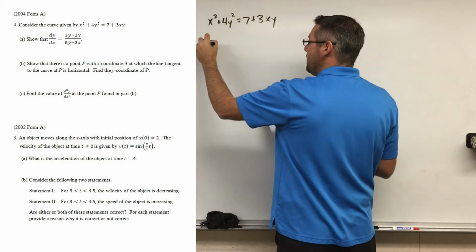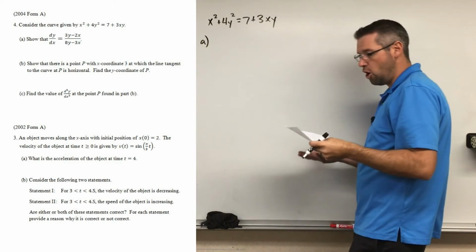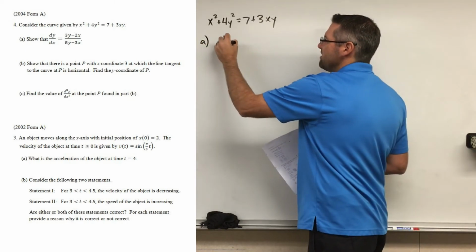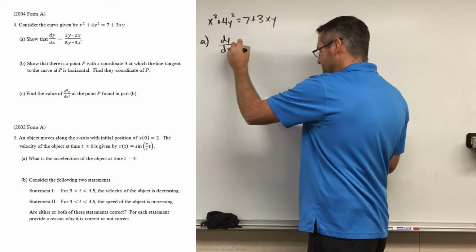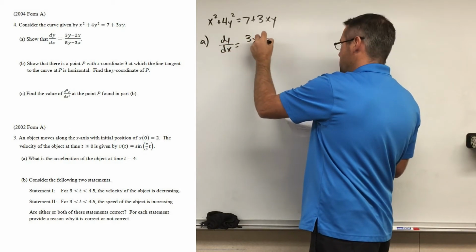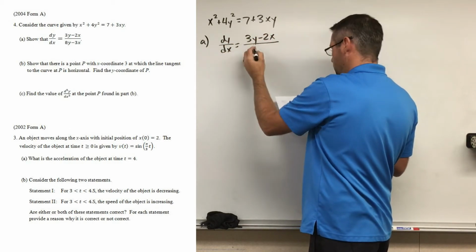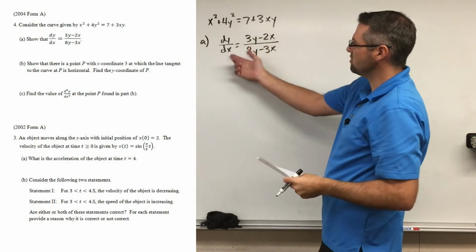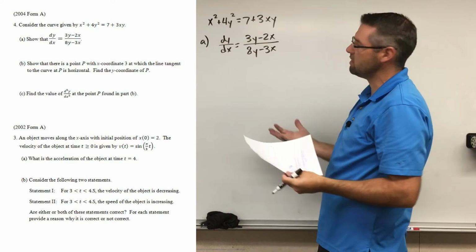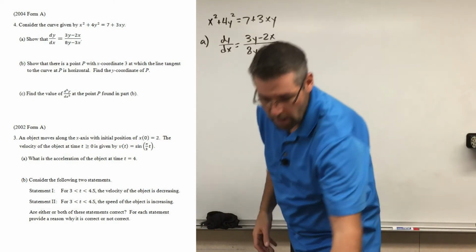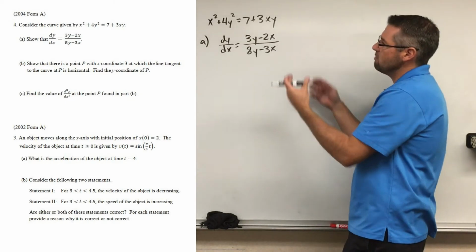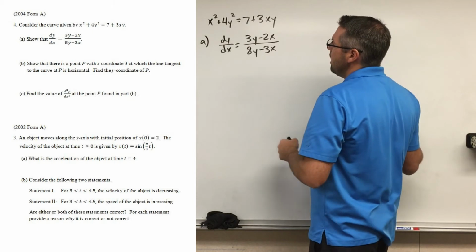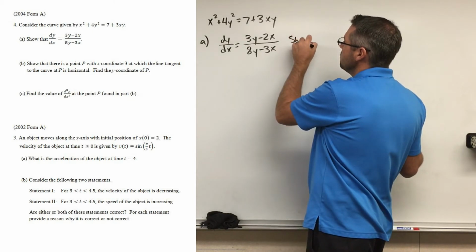And in part A, it's asking us to show that dy/dx is equal to (3y minus 2x) all over (8y minus 3x). So it's telling us what the derivative is, and it's just asking us to show the work for why that's true. So we've got implicit differentiation here. We want to show this.